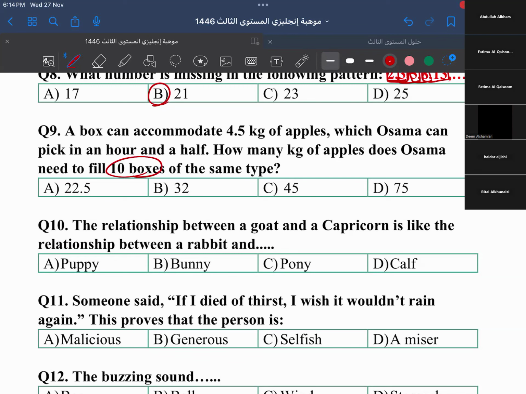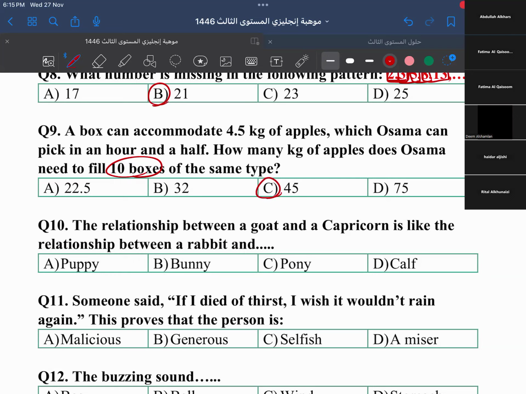So here the answer would be what? What do you think? I'm not sure, but I think C. It is C, excellent.